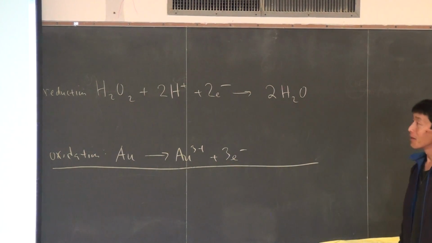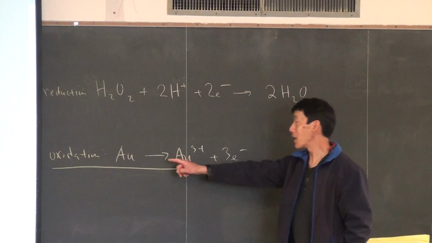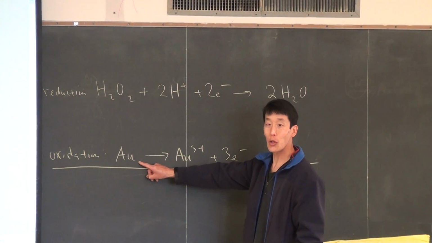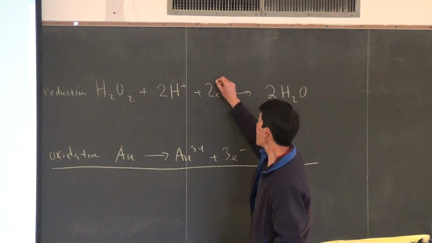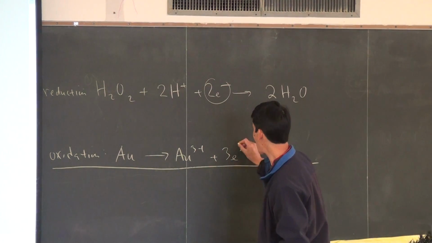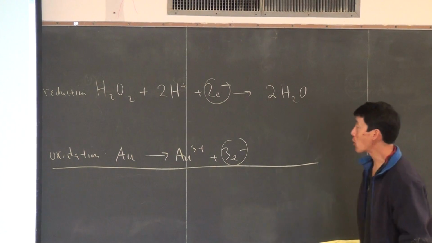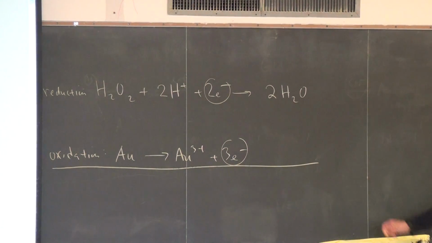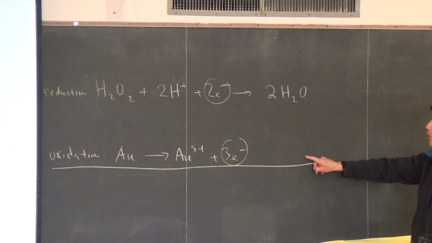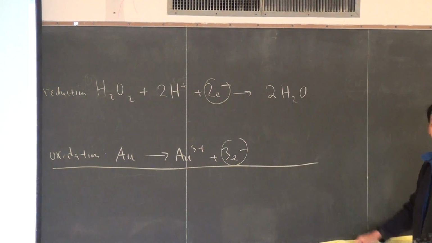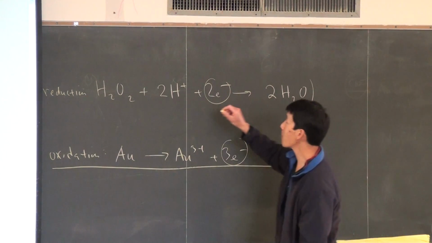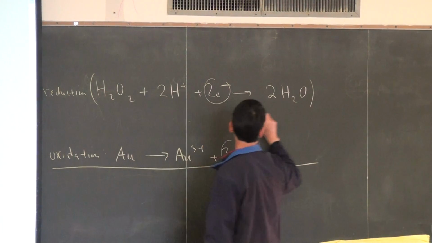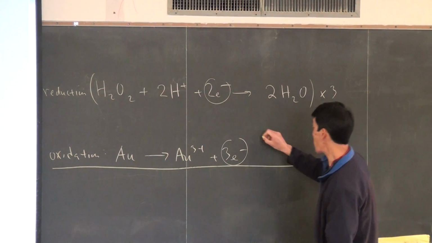In other words, gold is losing electrons to the H2O2. So the number of electrons transferred between the gold and the H2O2 must be the same. There are 2 electrons transferred here, 3 electrons here. How do we make them the same? Multiply this one by 3 and this other one by 2.